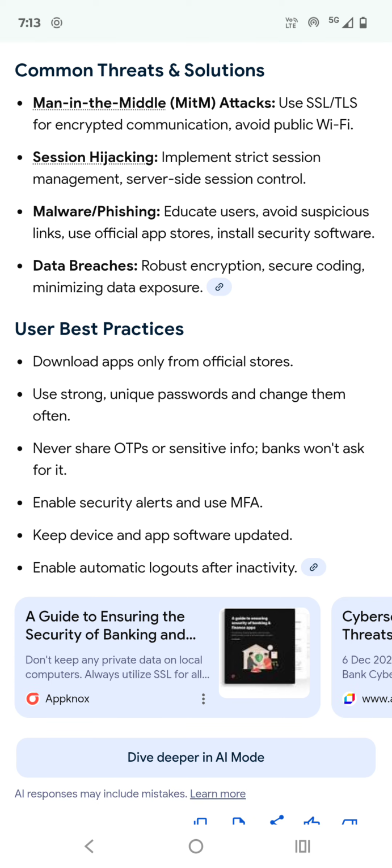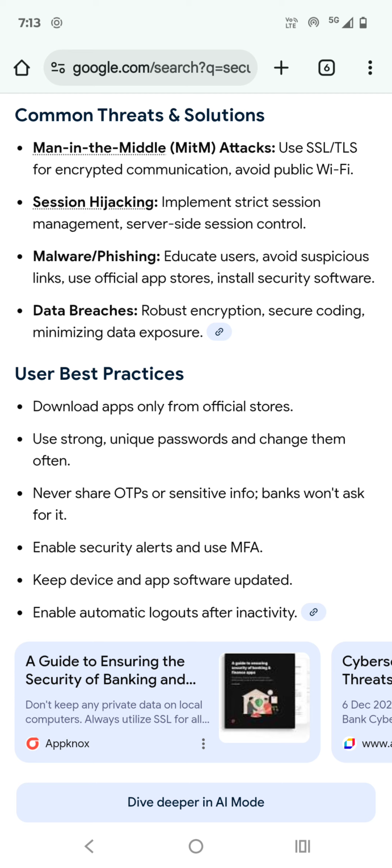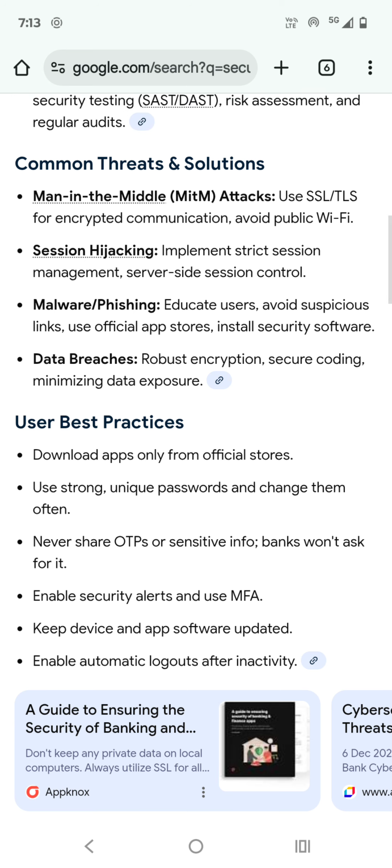Never share OTPs or sensitive info. Banks won't ask for it. As I told you, the security should be taken care of by the banks at their end, and the client also should take care of his credentials and other info. So it is a dual responsibility. You have to observe this, right?